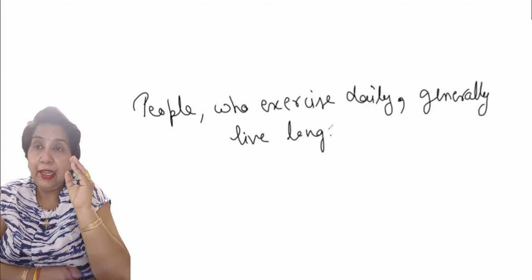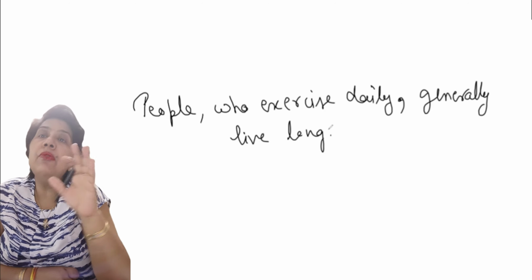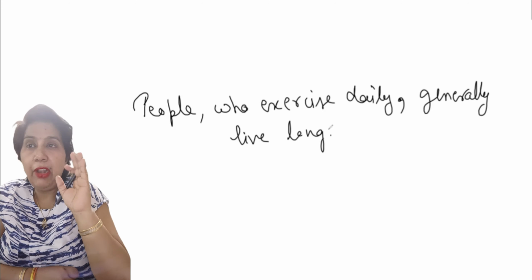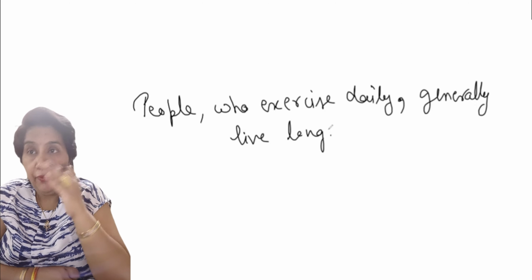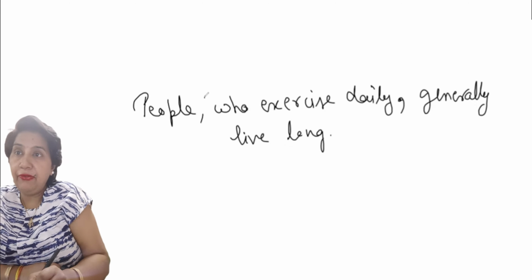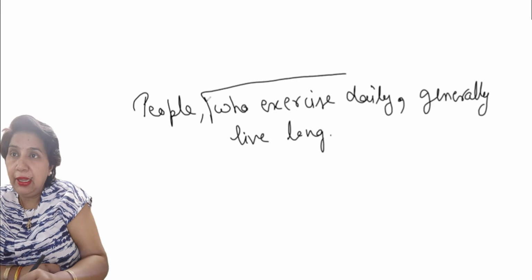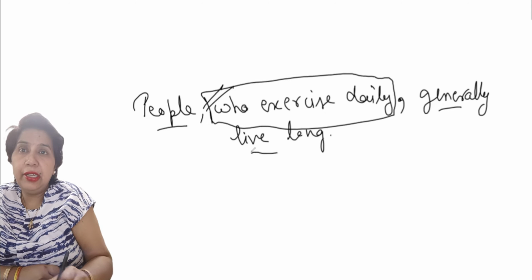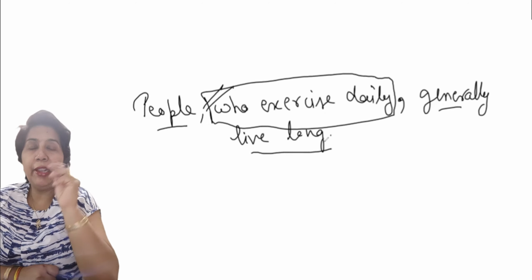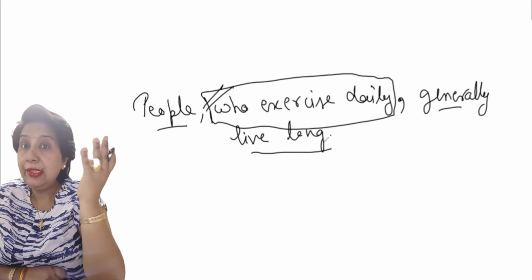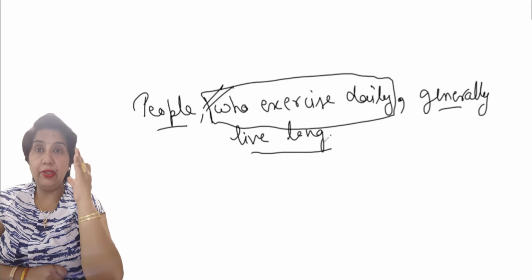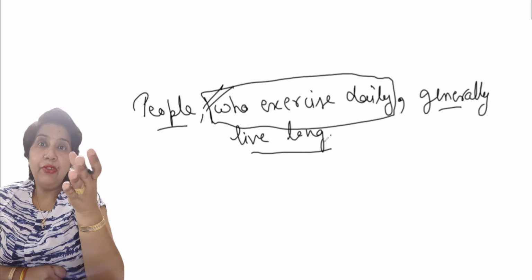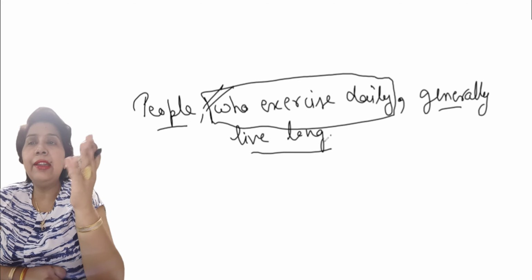Now, if I remove who exercise daily, what will happen? We are left with people generally live long. It is making no sense at all. This sentence, seen from any perspective, is not making any sense.